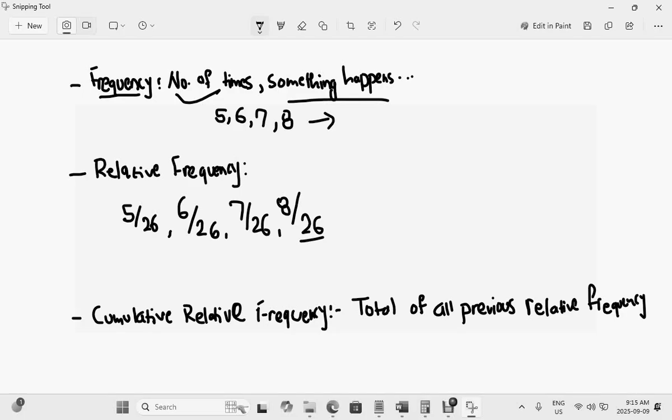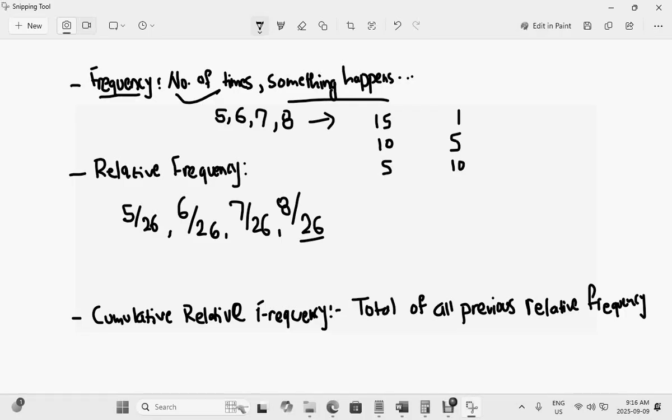Let's just say 15 hunters got one of their shots right on target. Then 10 hunters got five of their shots right on target. And then five hunters got 10 of their shots right on target.